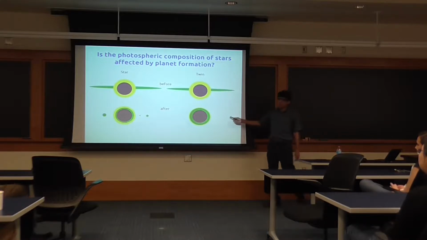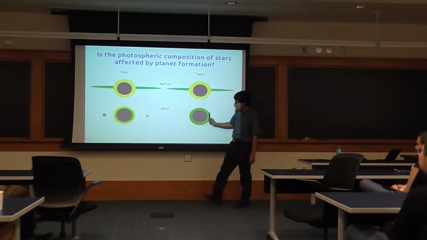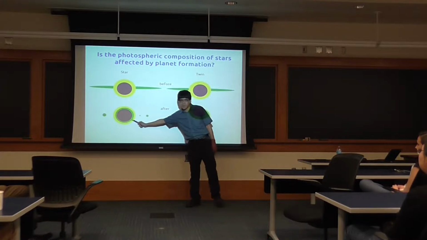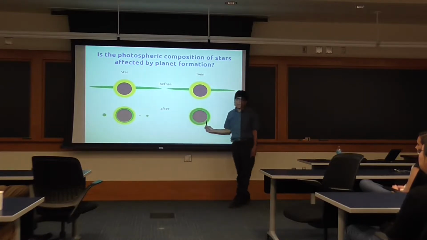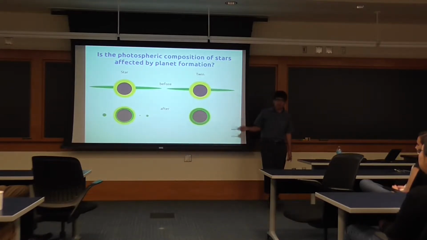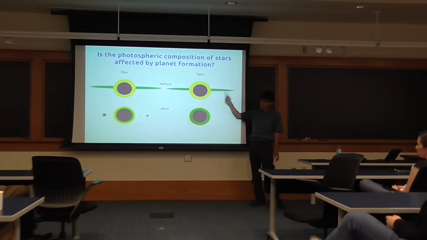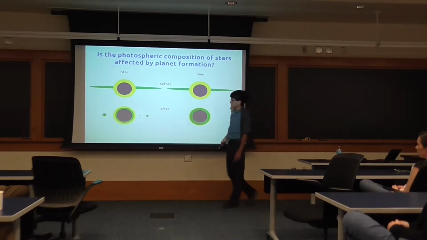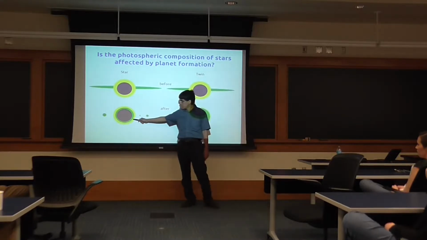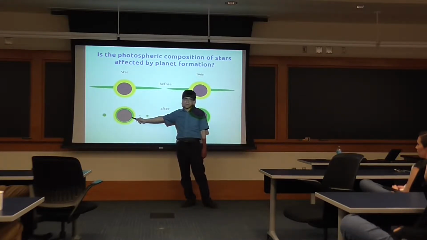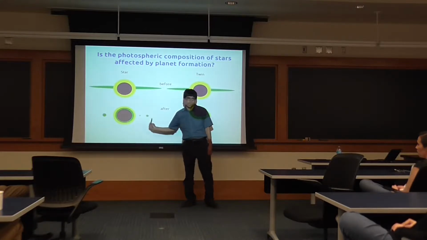Now, in this situation, if we compare the surface composition of that star to its twin, there's going to be clearly a difference, even though they both started being identical. So this star is going to be deficient in chemical elements which are abundant in planets.